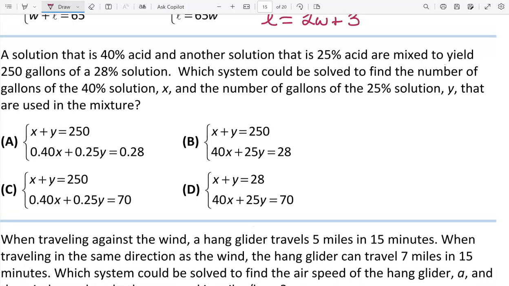And my word key here is a percent of each of these solutions is acid. So percent, and then times for of, and then the amount of the solution. So the percent times the solution equals, or is, the acid content.